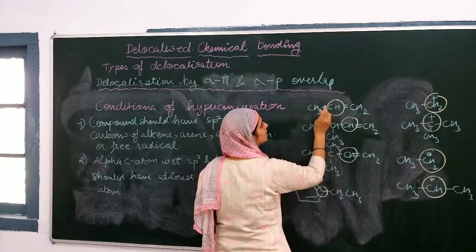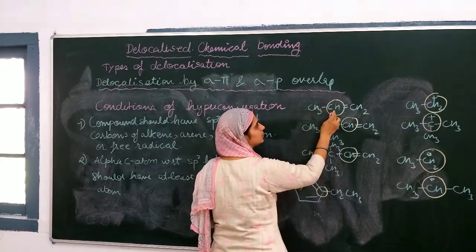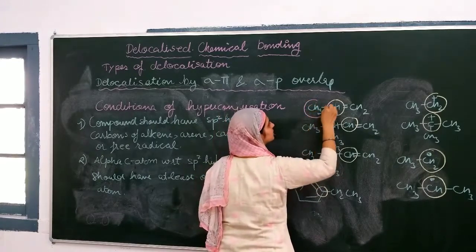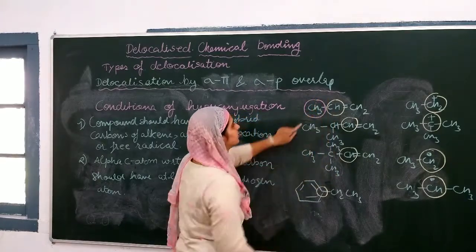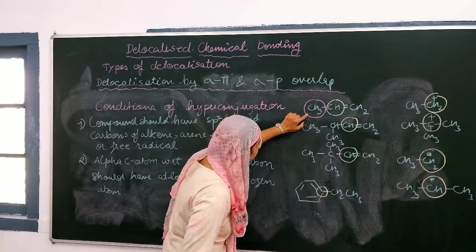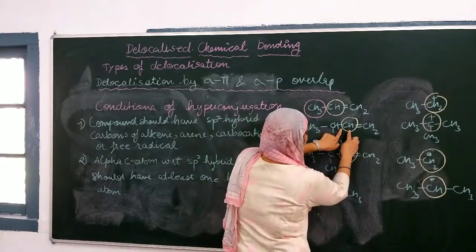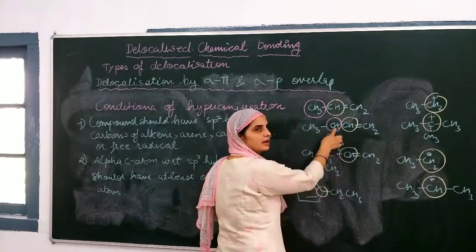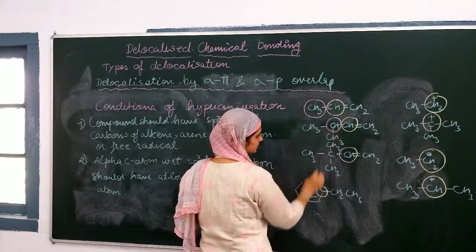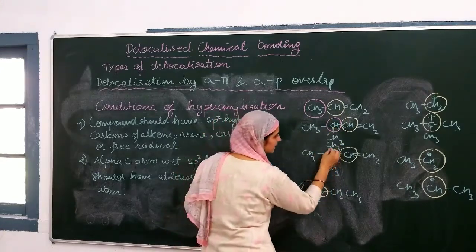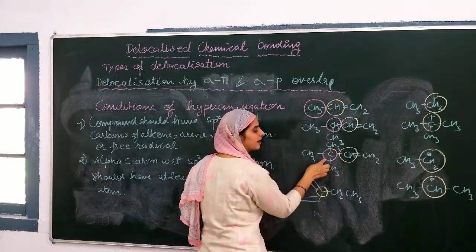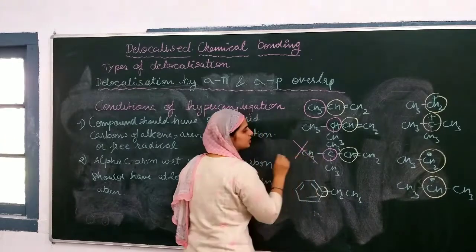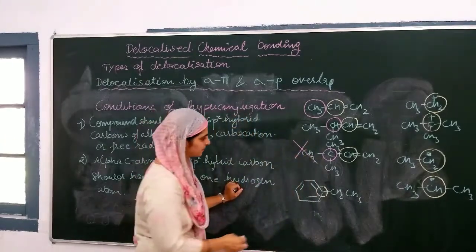the carbon alpha to the sp2 hybridized carbon is this one, and it contains 3 hydrogen atoms. So hyperconjugation is possible. And the alpha position of this one is this, so we have 1 alpha hydrogen atom. Here we have no hydrogen atom, so hyperconjugation is not possible in this case.